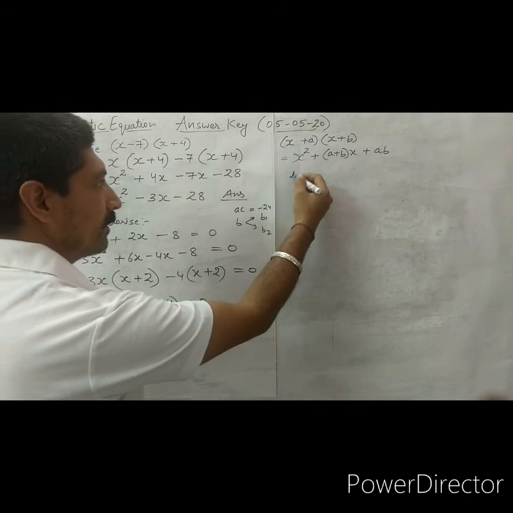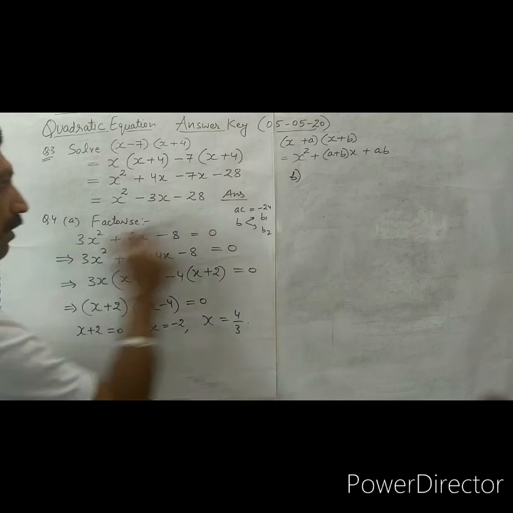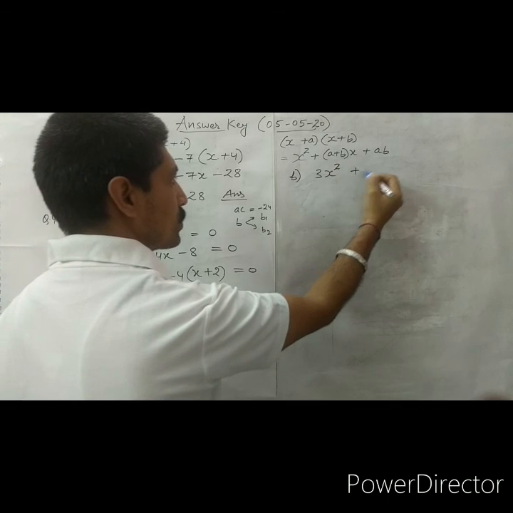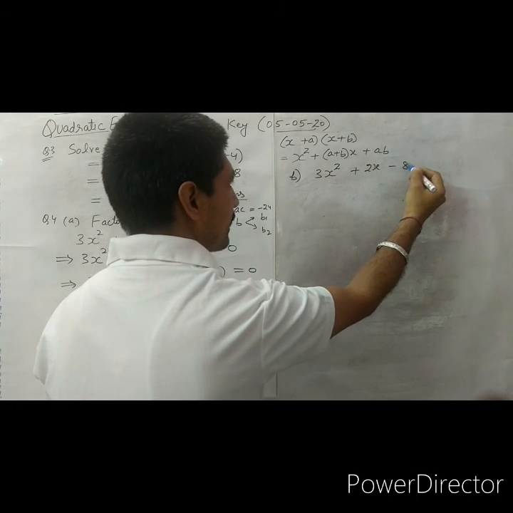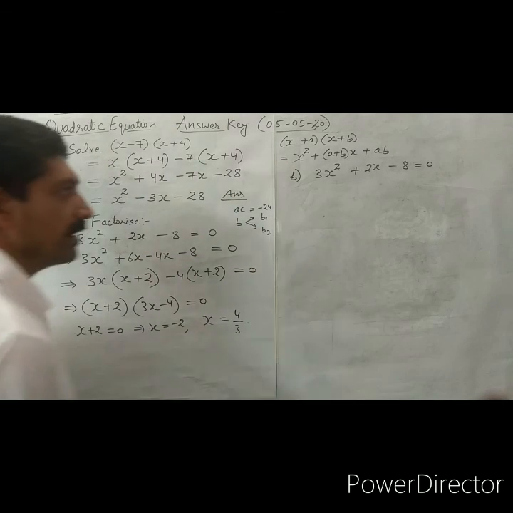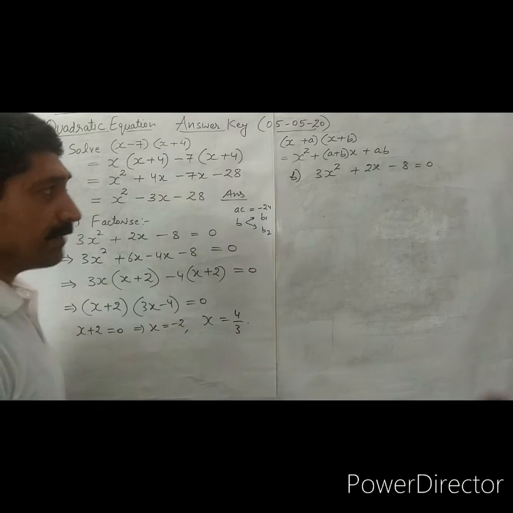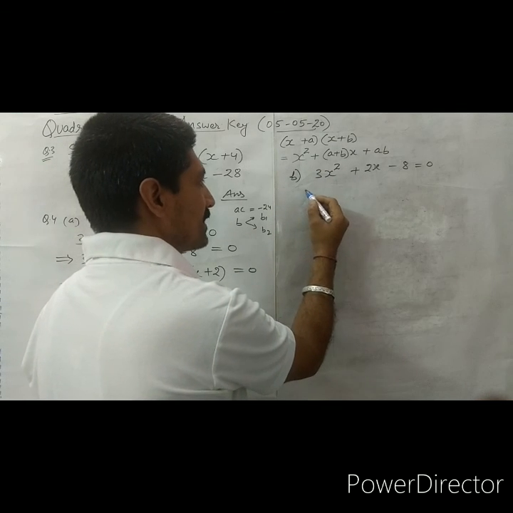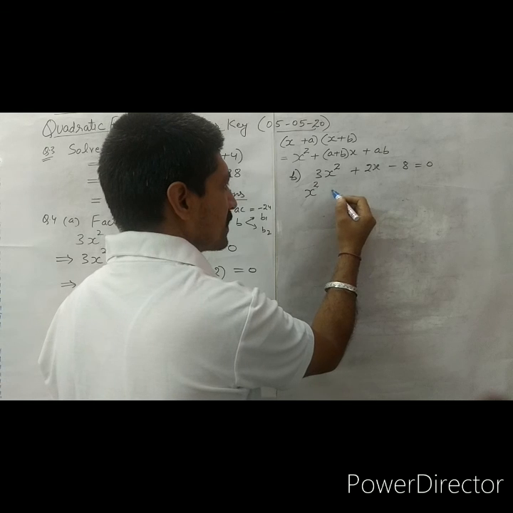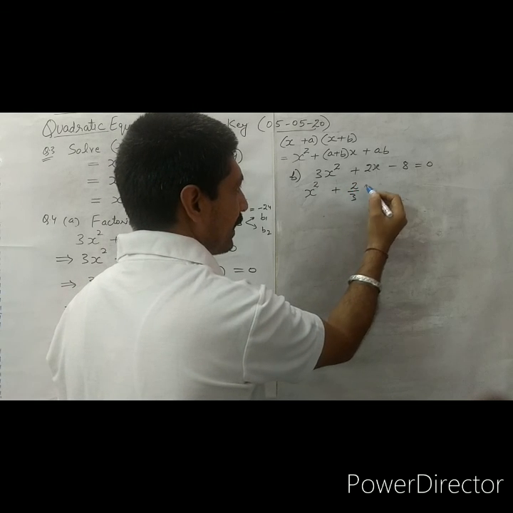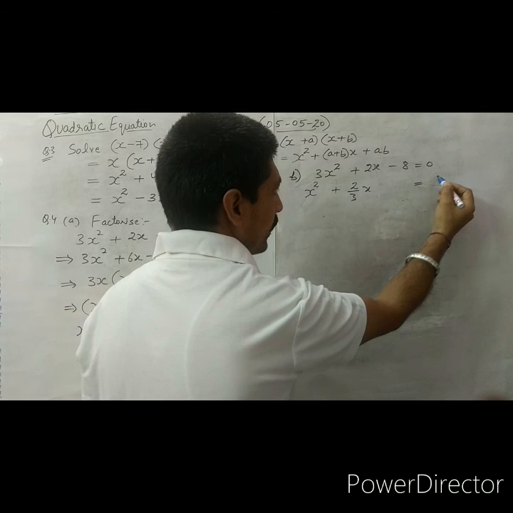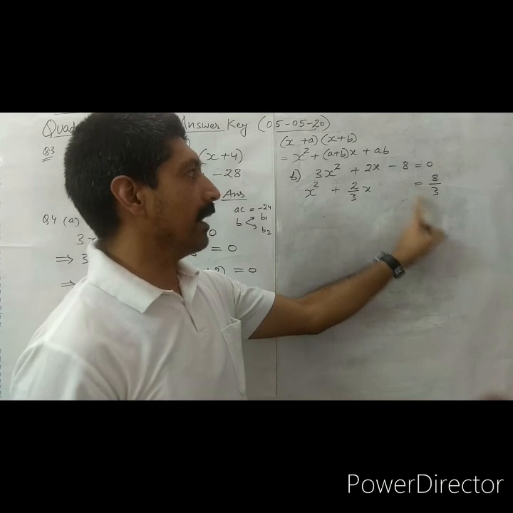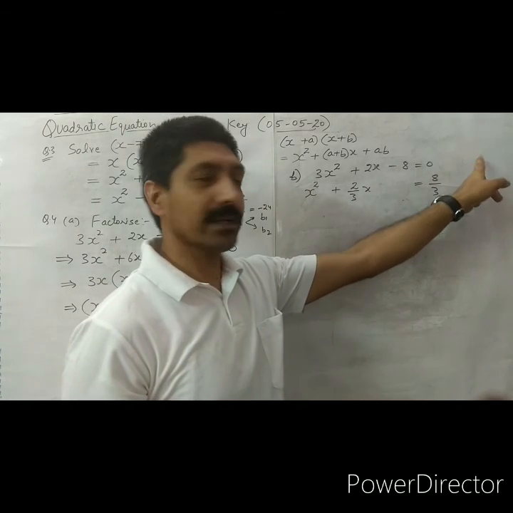Now it's the b part, we have to solve 3x square plus 2x minus 8 is equal to 0. If we are going with completing square method, then first step is x square plus 2 by 3x is equal to 8 by 3, dividing the equation by 3 and taking the constant term to right hand side.